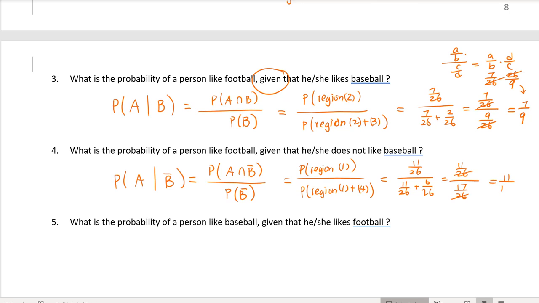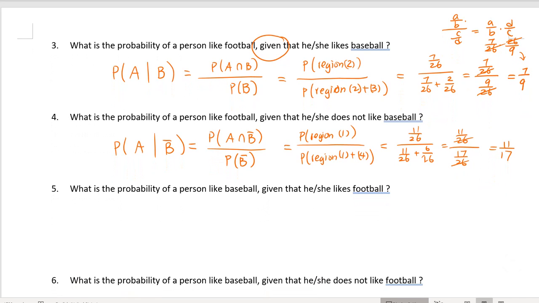We have 11 over 17. So far, so good, everyone. So don't forget, before you click start example, you can pause the video and try the example first, and then continue to play the video and check your answers. In this way, you can practice more.